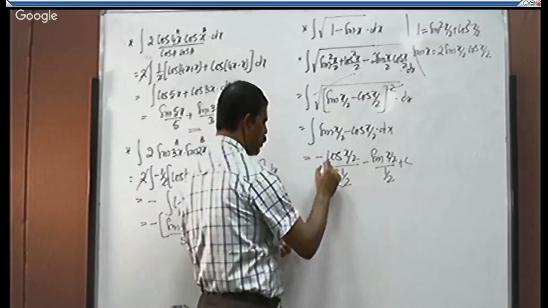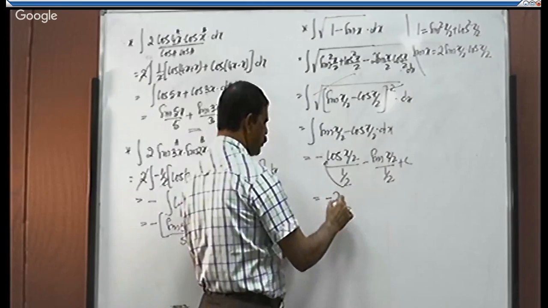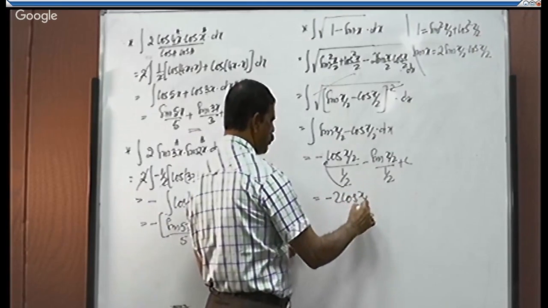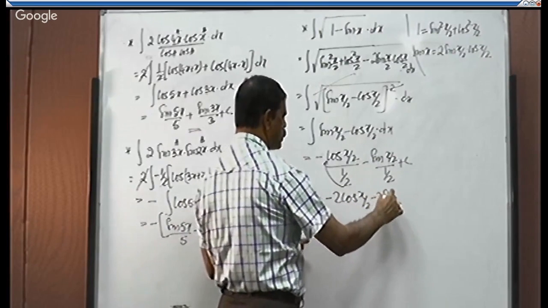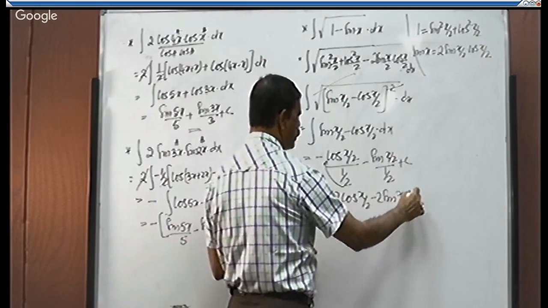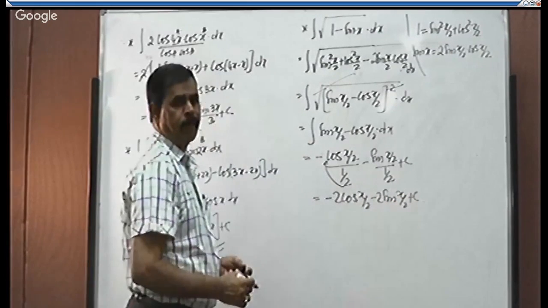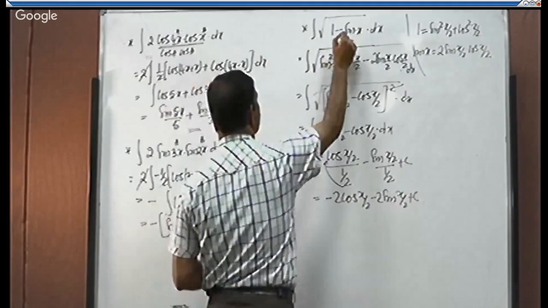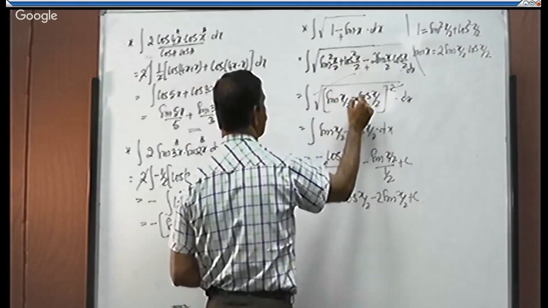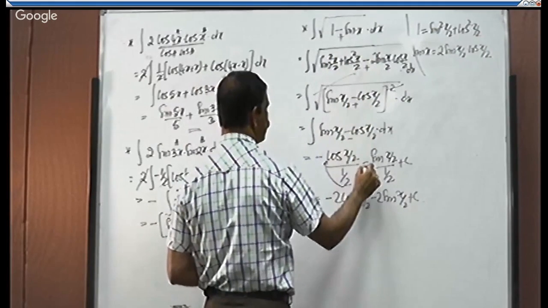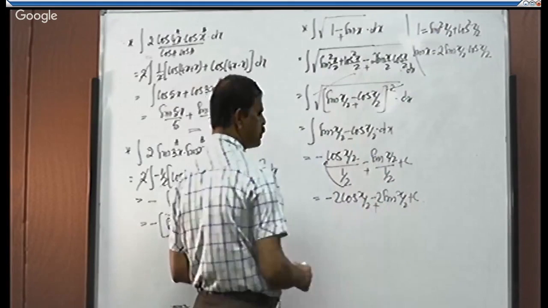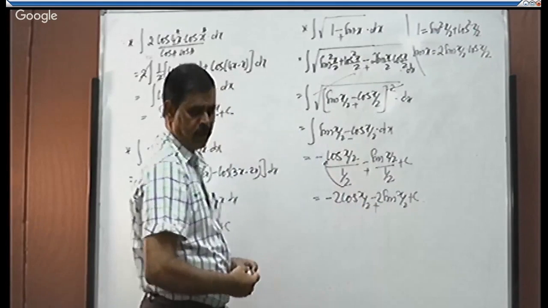Otherwise, you can take 2 to the numerator: minus 2 cos x by 2 minus 2 sin x by 2 plus c. If it is plus, the answer will be the same type, differing only by sign.